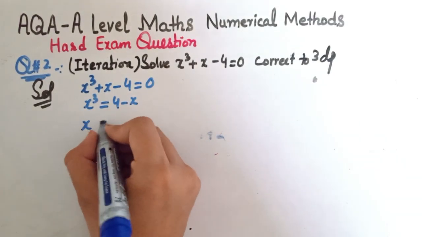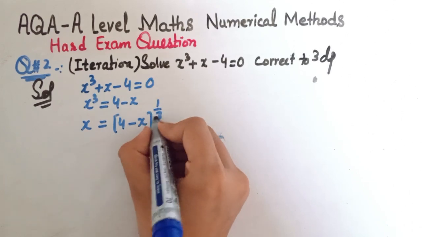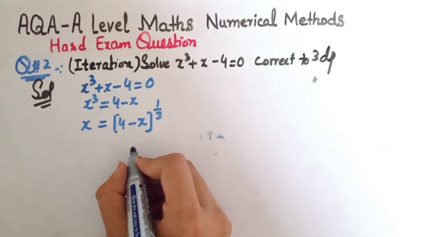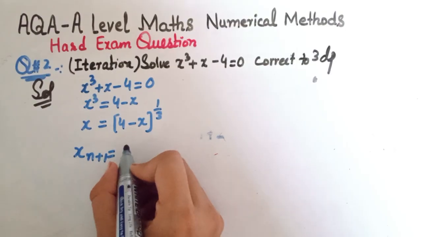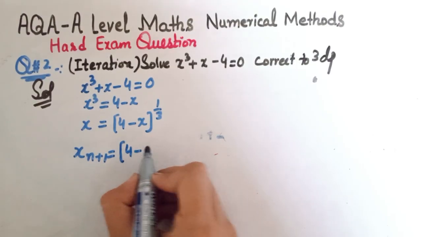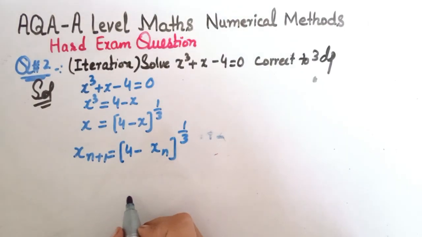Now what will be the value of x? x is 4 minus x, whole power 1 by 3. Now what is the general formula for x n plus 1? That is 4 minus x n, to the power 1 by 3.